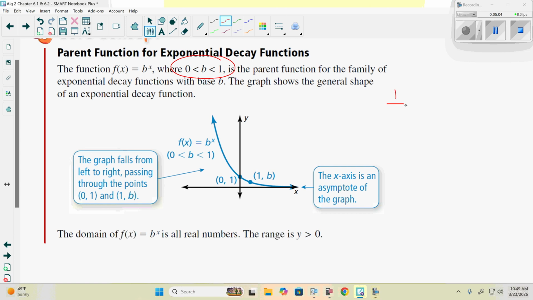So if it's fractional, 1/2, if we square it, 1/2 times 1/2 is going to be 1/4. It's gotten smaller. We multiply 1/4 by 1/2. So we cube it. It's going to become 1/8, 1/16, 1/32, 1/64. That number is getting smaller and smaller as we go to the right.